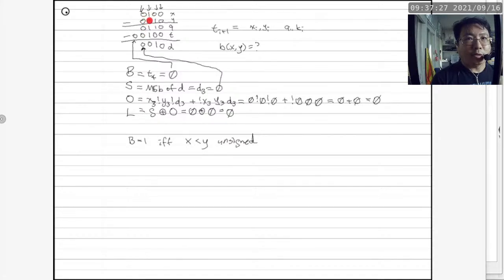So either x2 is less than y2, or x2, y2 are the same, but q2, which is guaranteed to be a 0 in that scenario, is a 0, and then t2 is a 1. So we extend that reason back to another column, and then we can extend it back to one more column, all the way from left to right. So the idea is B equals 1, overall speaking, is because the unsigned value represented by x is less than the unsigned value represented by y.